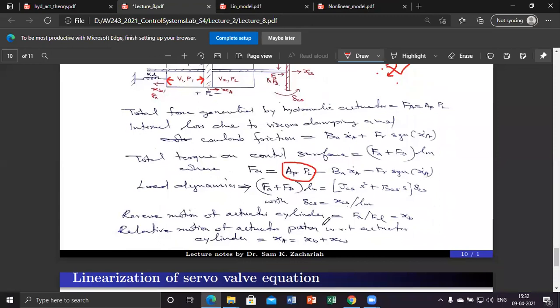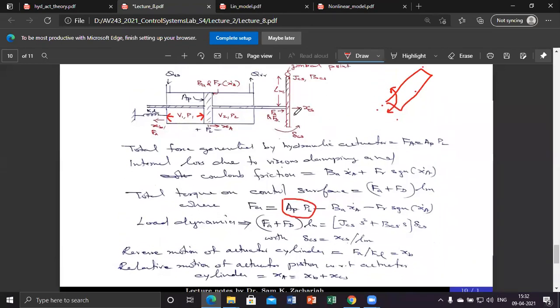With delta CS equal to XCS by LM, that relationship you know. If it is deflecting by delta CS, taking the effective radius as LM, the corresponding tangential motion is given by XCS, such that XCS by LM is equal to delta CS.